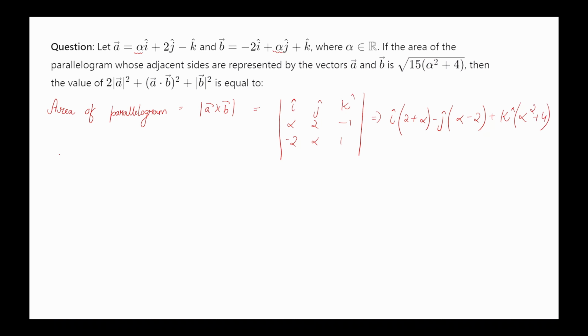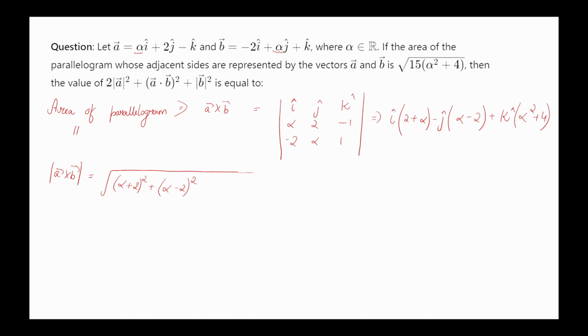Now I need to take its magnitude as well. So the magnitude of A vector cross B vector, which is basically my area of parallelogram, would become root under (alpha plus 2) whole square plus (alpha minus 2) whole square.